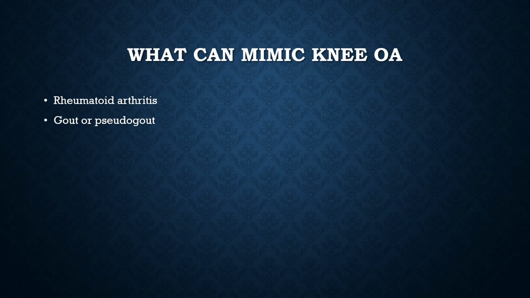Gout or pseudogout, these are conditions where crystals from your bloodstream precipitate in the knee joint or other joints, and this can cause an inflammatory response from your immune system, and the knee generally becomes tender over the course of a few days and resolves with medication.